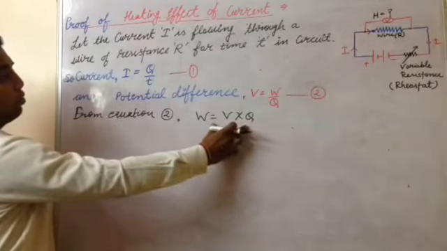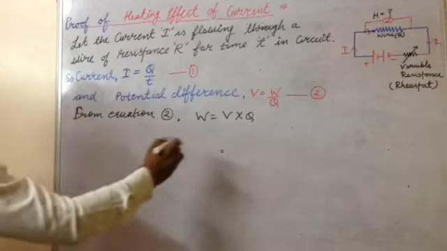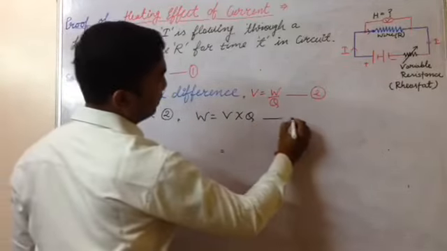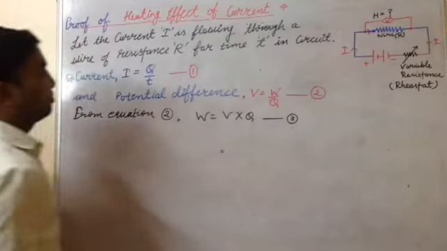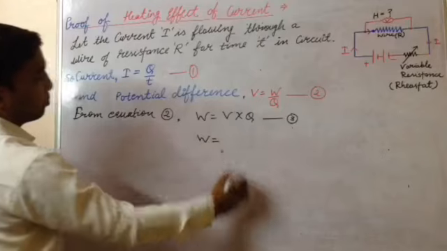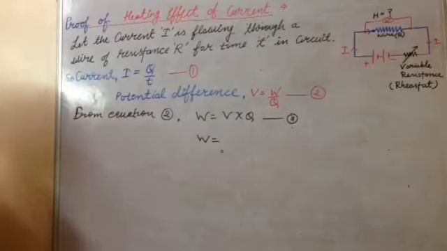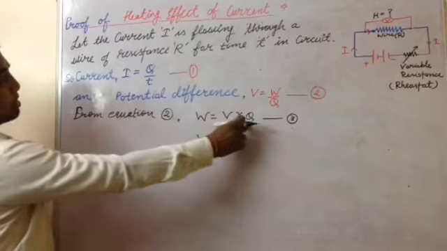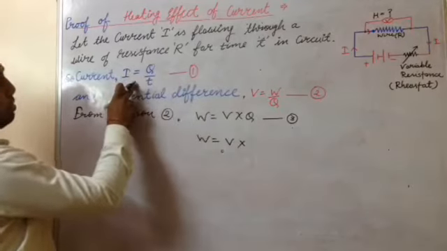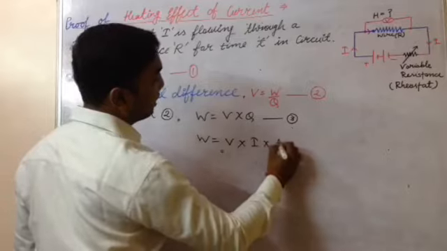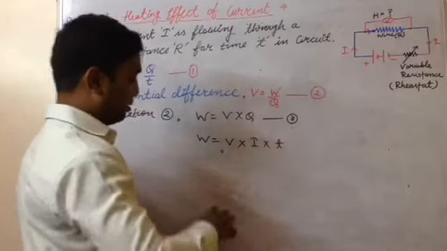W equal to V into Q. Now, you can give the name to this equation as equation number 3. What is the value of Q? W equal to V into, in place of this Q, what can I write from equation 1? I into T.